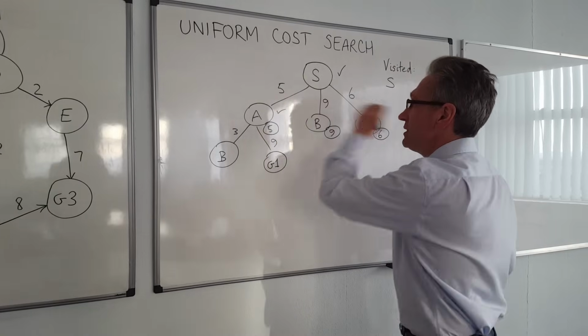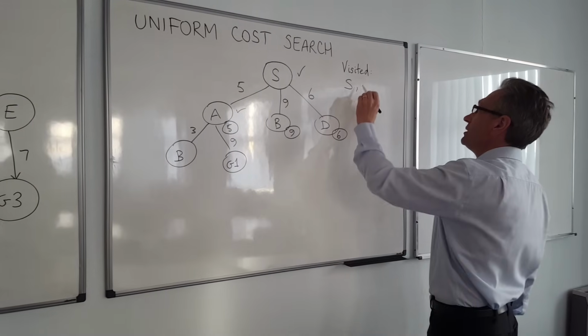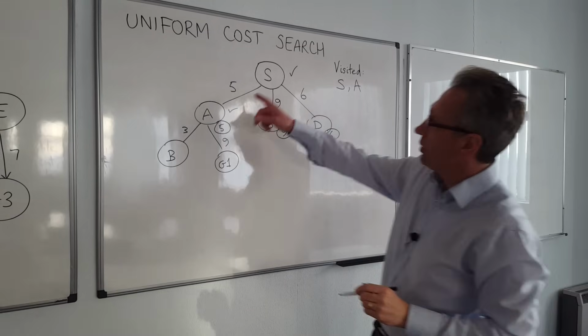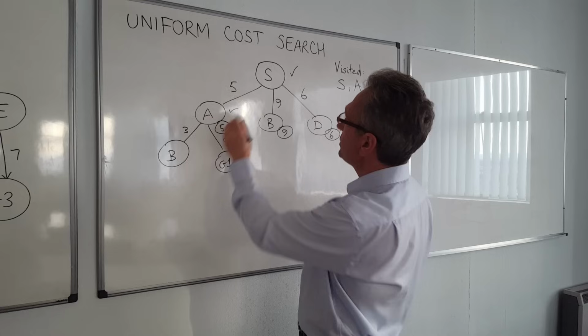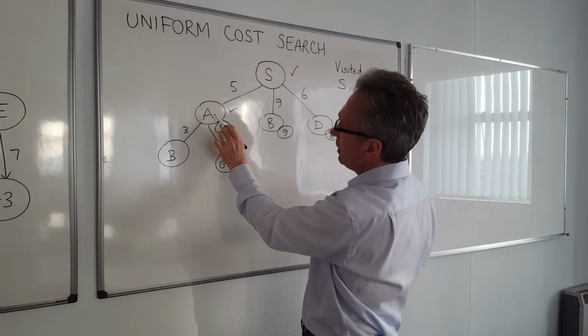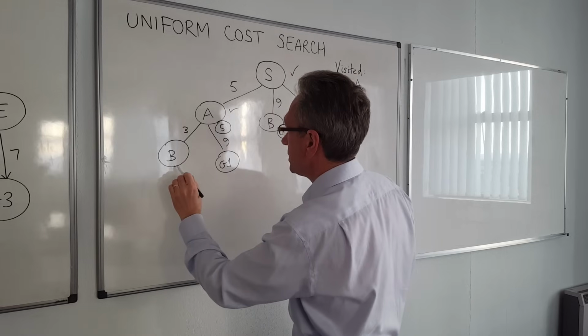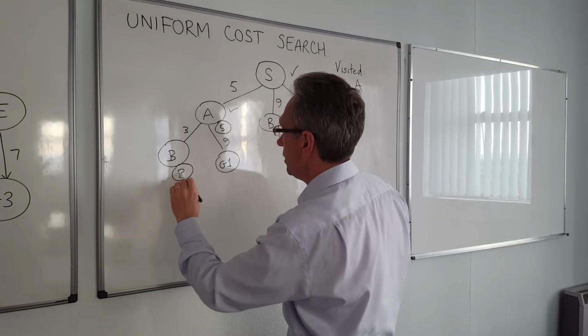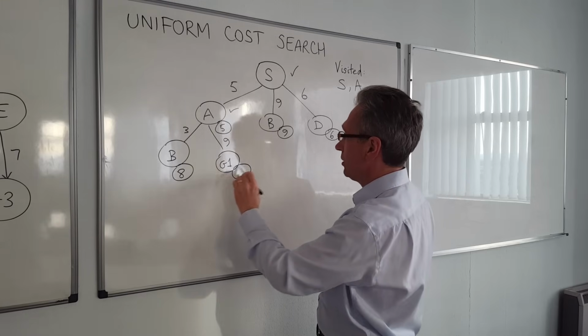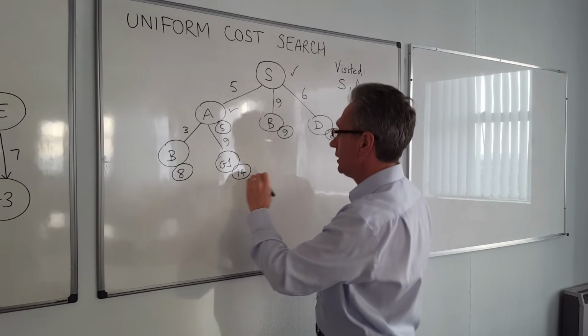So A is now visited. We add it to the visited list. So there it is. And we calculate the costs of these new paths. This path has a cost of 5 to go from here to here, and a cost of 3 to go from here to here. So that's a total cost of 8. And this path here has a total cost of 14.